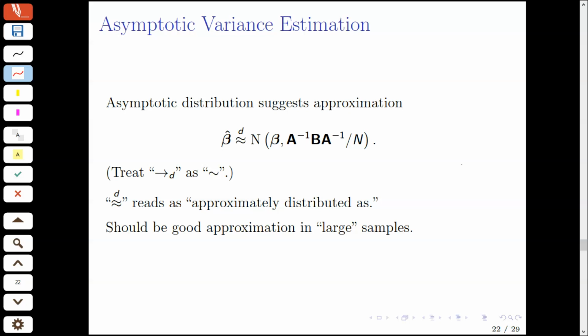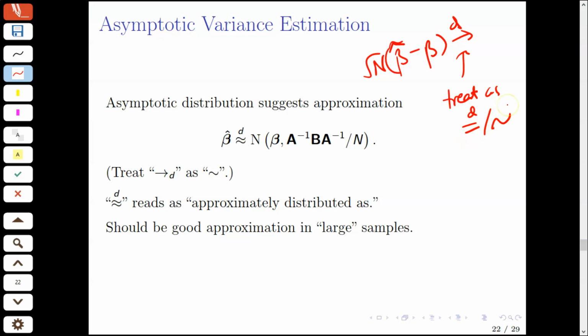Namely, if we treat this convergence in distribution as an equality in distribution, often written as just a tilde, an exact distribution, then we can divide on both sides by square root n and move beta to the right hand side in order to arrive at the following approximation, stating that the OLS estimator itself is approximately normally distributed with mean beta and variance given by the previous sandwich divided by n.